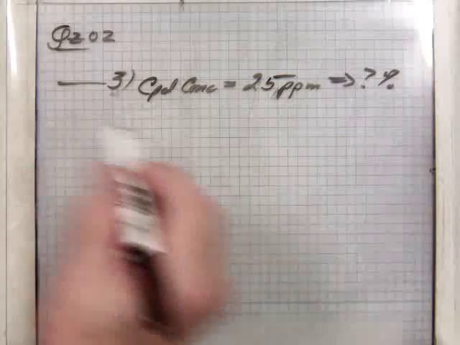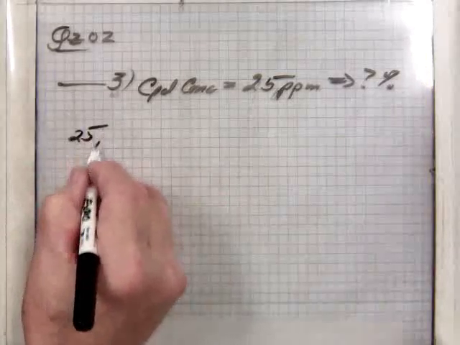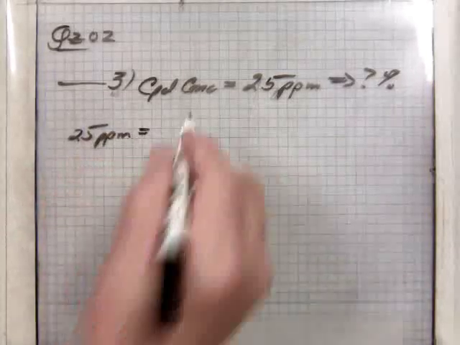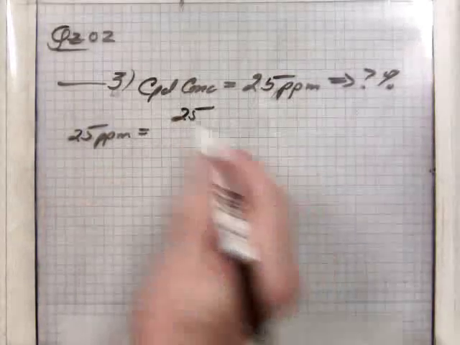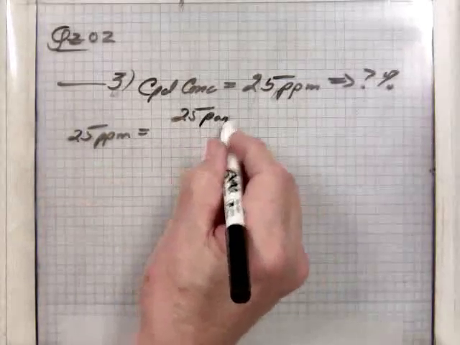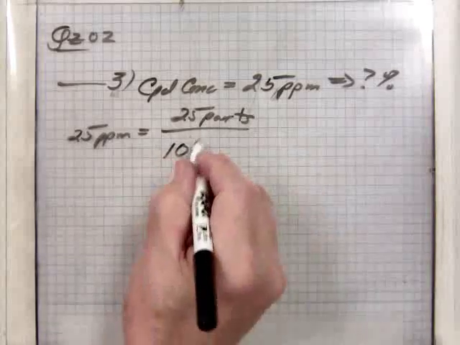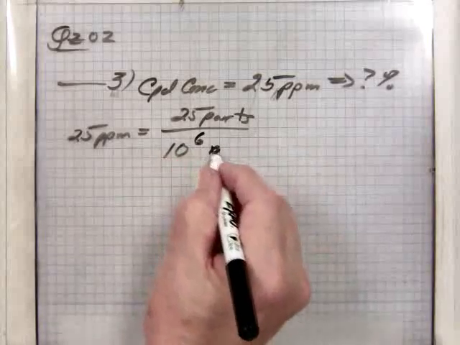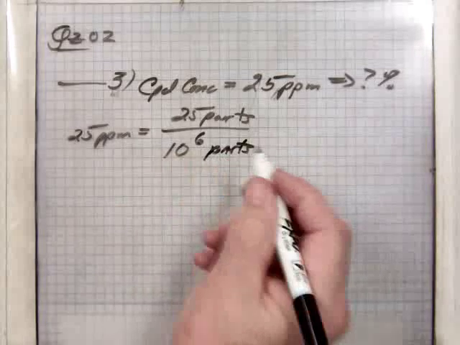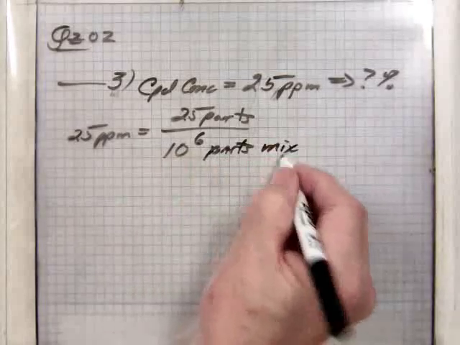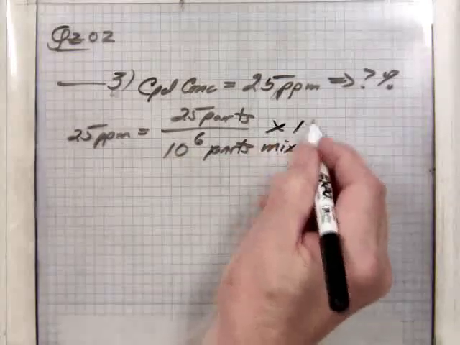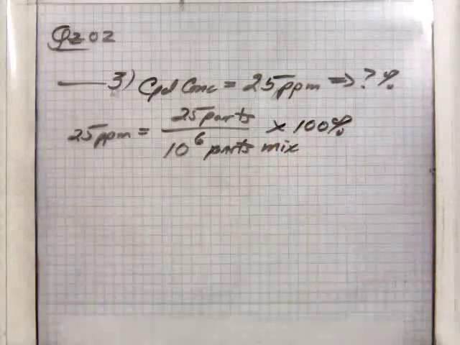And so 25 parts per million is equal to 25 units, parts, per million parts of mix, 10 to the 6 parts atmospheric mix or whatever. And if you're going to percentage, just simply multiply by 100.